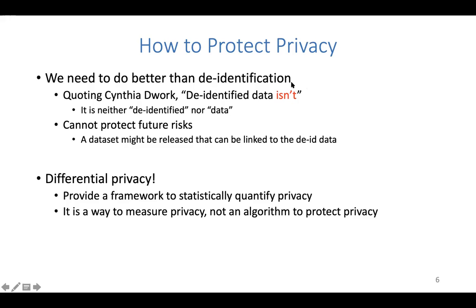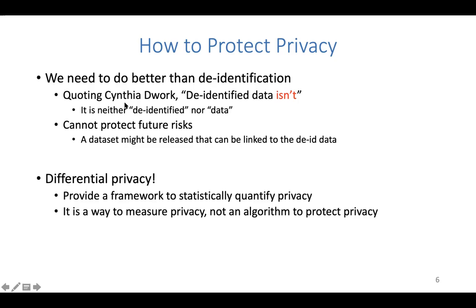What she meant is that de-identified data is neither de-identified, because there's always a potential risk of re-identification, nor is it data, because it is de-identified, so the statistics are hidden and it's not the intact data. That's why she came up with differential privacy, obviously.